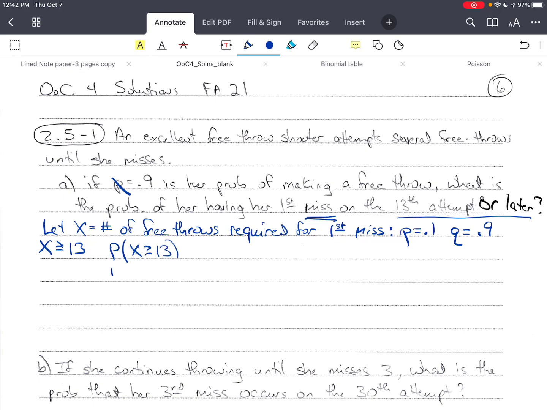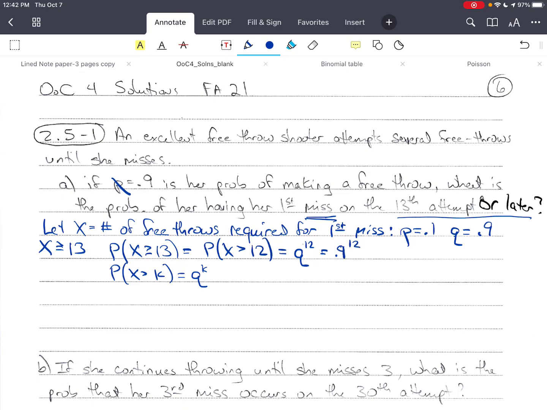Now remember that the probability that X is greater than k, not greater than or equal to, is q to the k. So this is going to be the probability that X is greater than 12, which means that this is going to be q to the 12, which is 0.9 to the 12th.